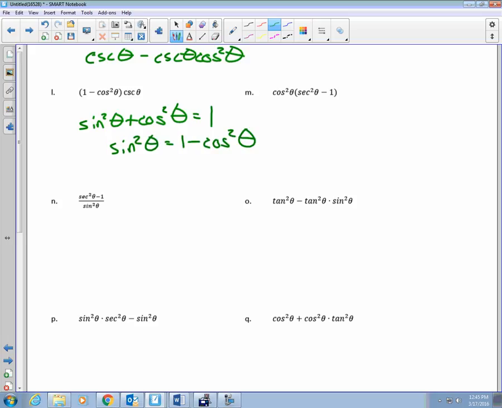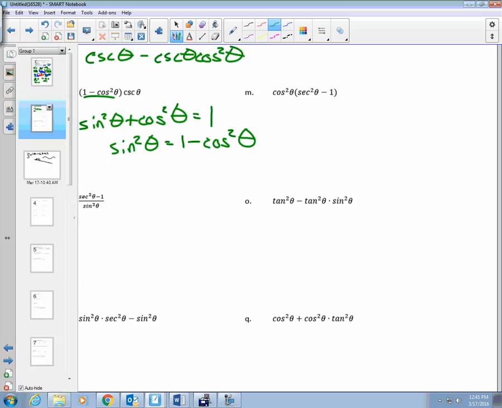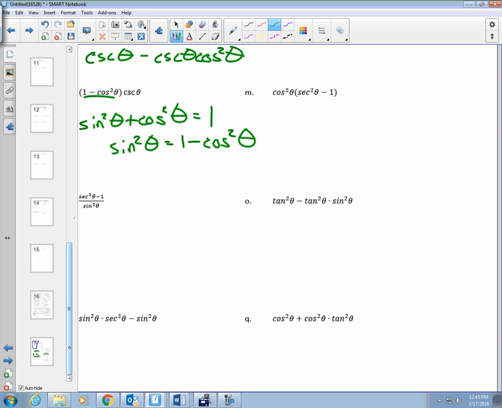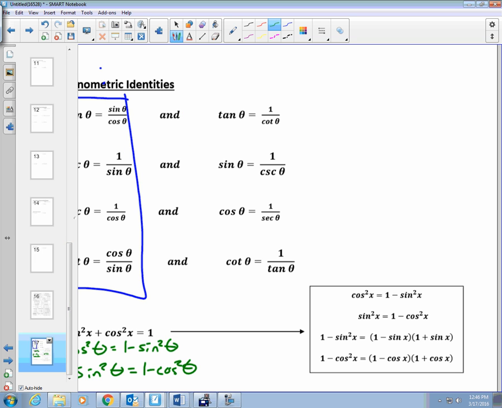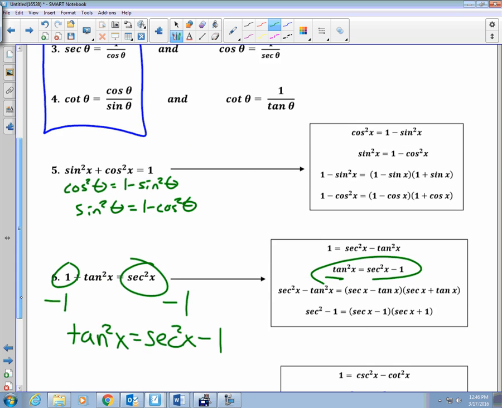I just subtracted the cosine squared, and so I can replace this with sine squared. Is that nice? So flip to your back page. Wait a minute, that's not movement, that's subtraction. That's second grade. All right, here we go.